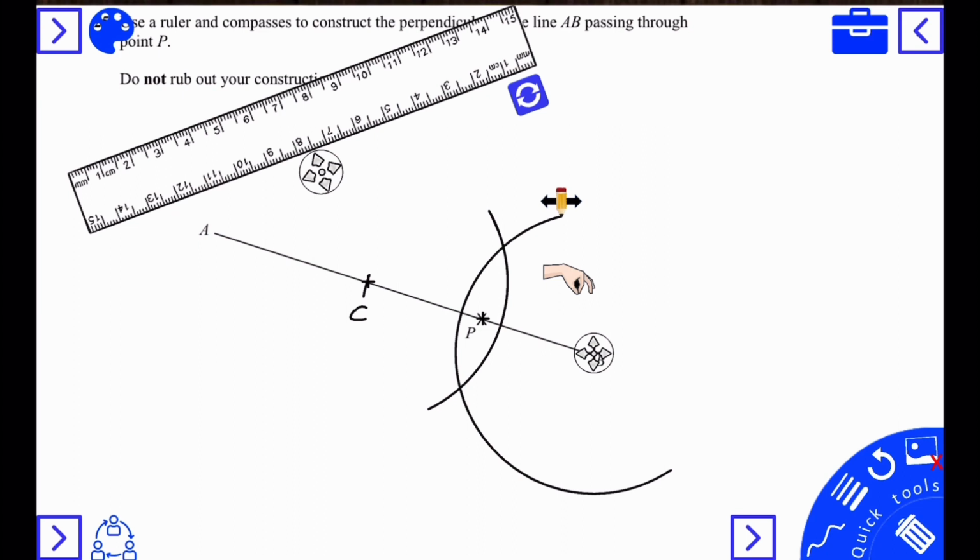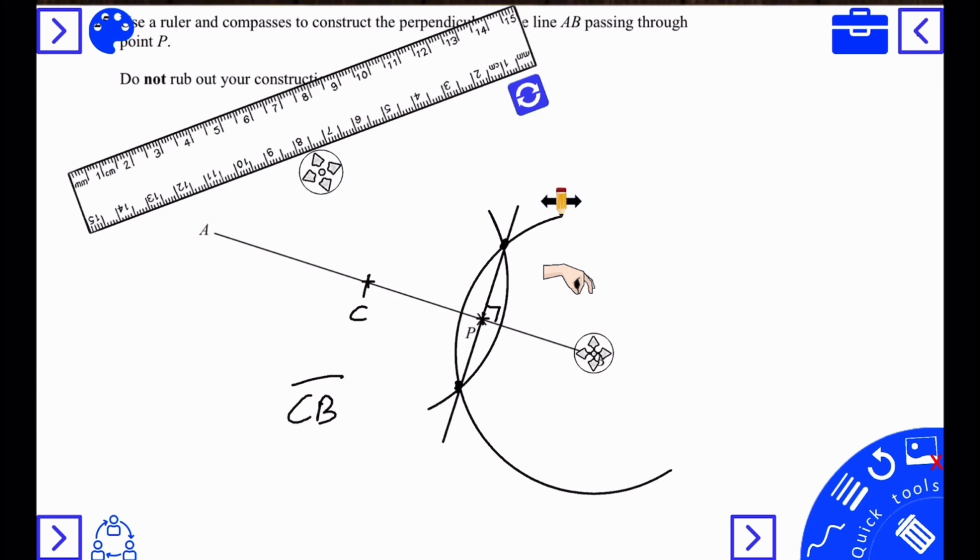Now we have 2 intersection points between these 2 arcs. You can simply draw a straight line between them. This straight line must pass through the point P because this is the perpendicular bisector of the line CB.